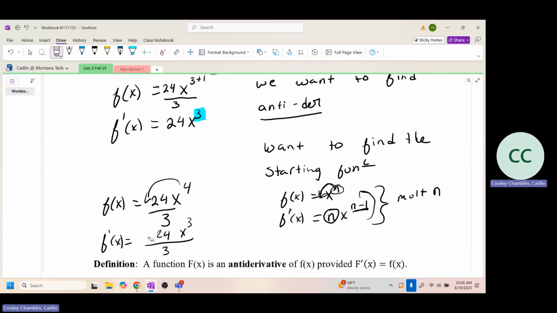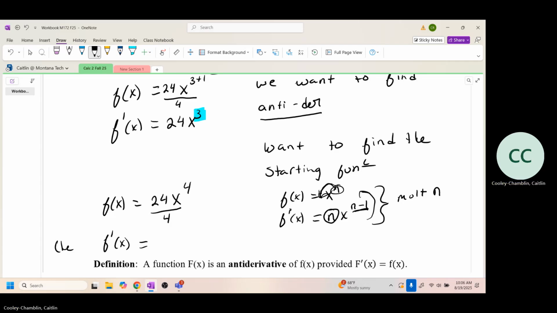So let's try it with our 4. Instead of 3, let's try dividing by 4. So we have 24x to the 4th divided by 4. So let's try that. So f prime of x, let's check our work. We bring down this 4. And so we have 4 times 24 x cubed divided by 4.